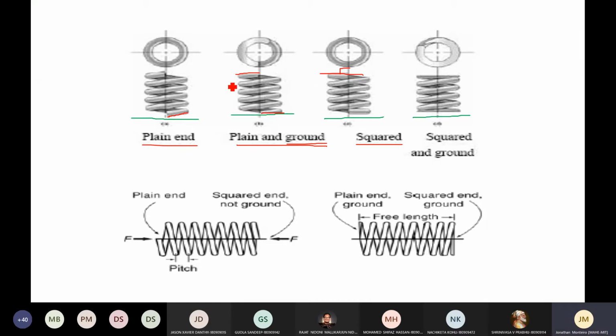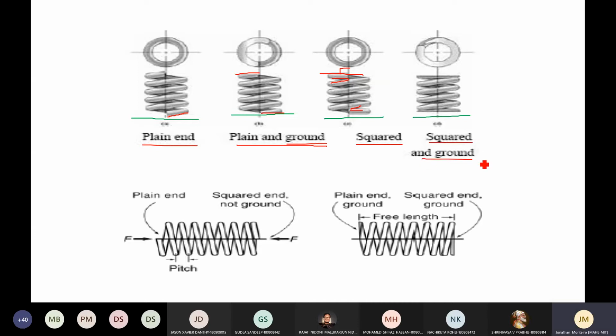And notice what has happened here. In the first two kinds, the gap between the coils is maintained as it is, whereas here the gap is closing in at the last and the first coil. It is almost touching here. Because of this, the first and last coil are not in helix fashion, you are just putting it in a cylindrical way.